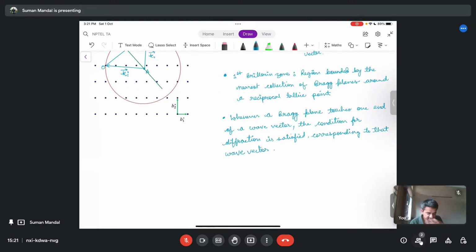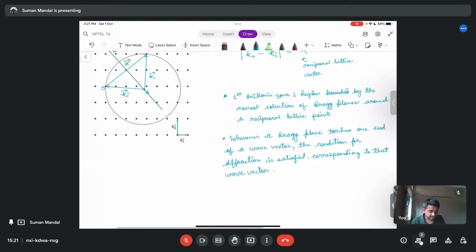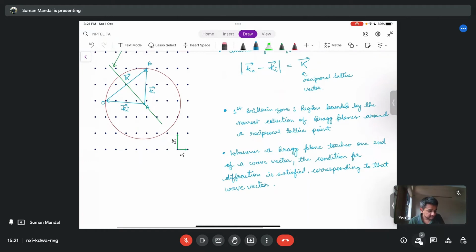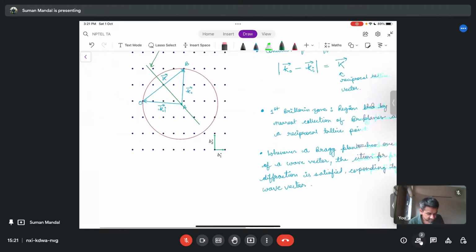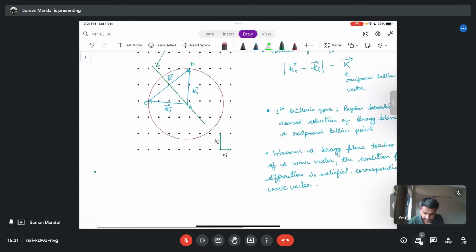So if we see here, we find that the Bragg plane always passes through the center of the Ewald sphere.